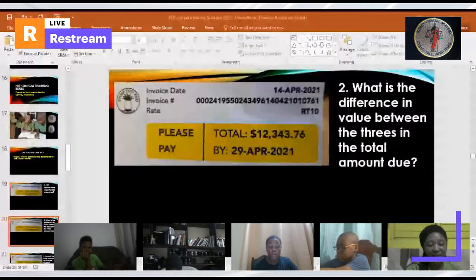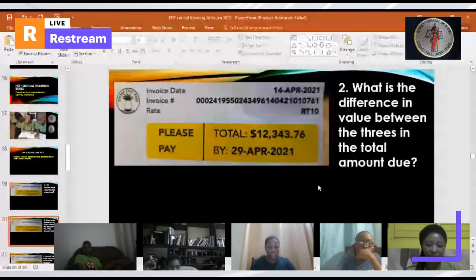The difference means subtract. And what is the value of the 2 threes? Actual value. Value of this 3 in that number, and then you're going to subtract them. So what's this 3 value? This one here. Miss, 300.